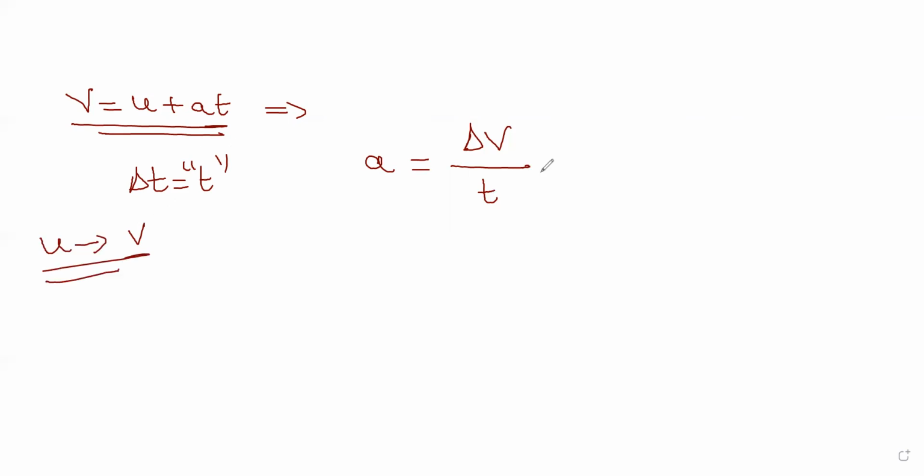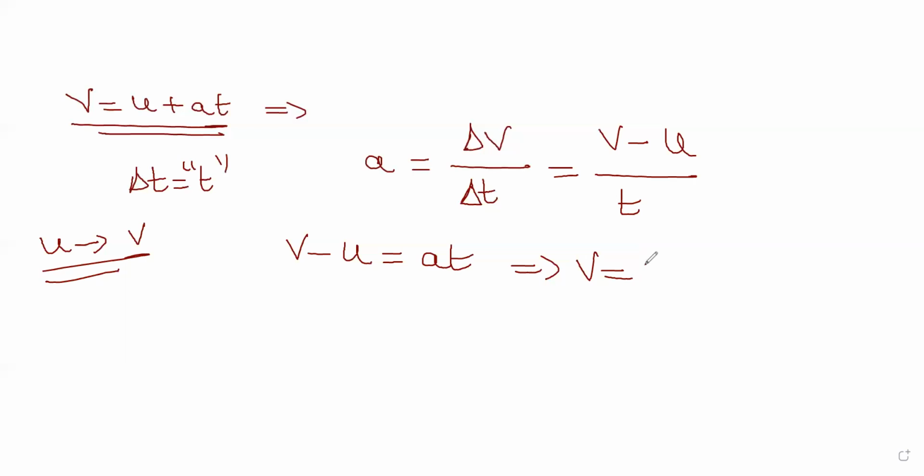So delta v is nothing but v minus u, divided by t. So let us cross multiply, delta v by delta t. Delta t is t here. So t will multiply. So we get v minus u as a into t. And then you can write v is equal to u plus at. So this is the first equation of motion.